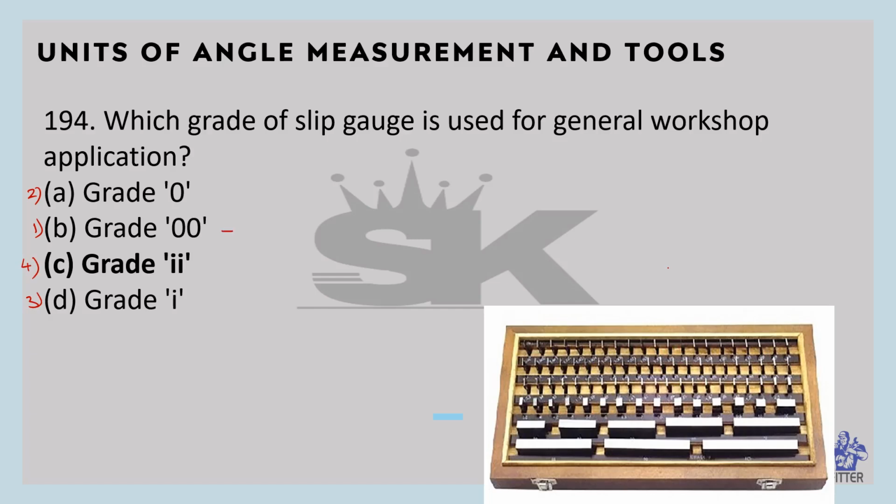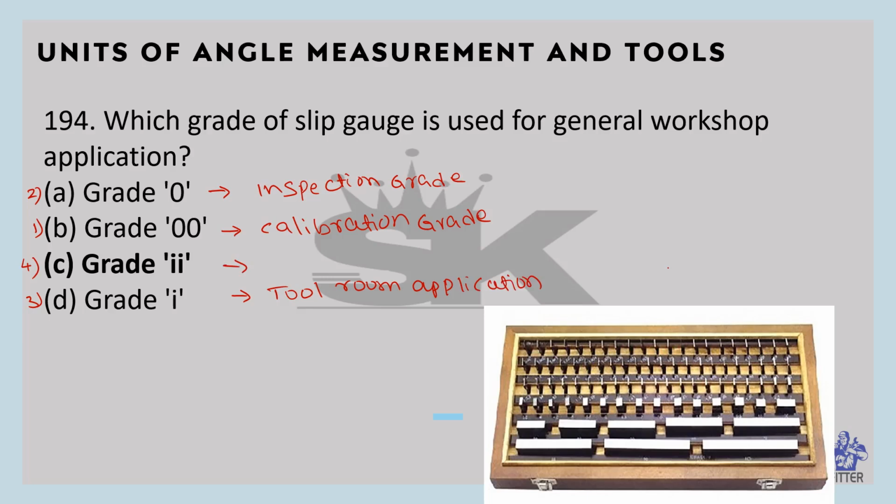Grade 00 is calibration grade, grade 0 is inspection grade, grade 1 is tool room application, and grade 2 is workshop application. Please remember this.